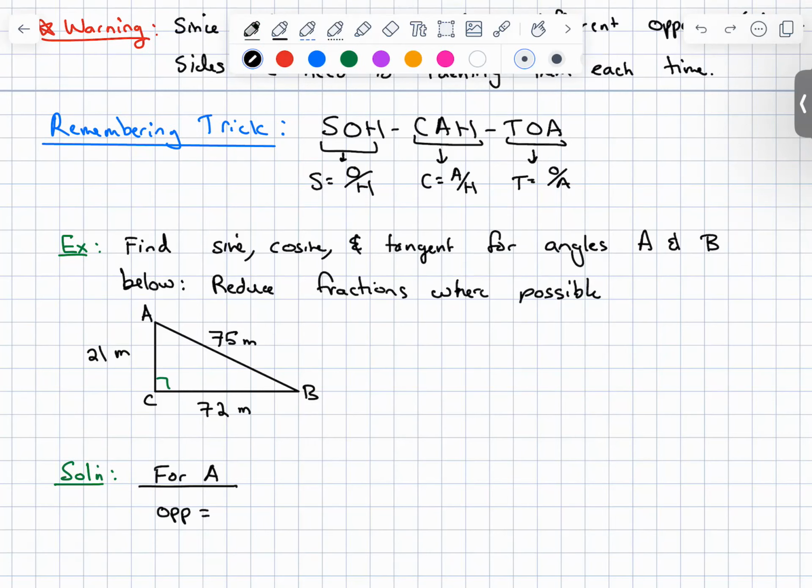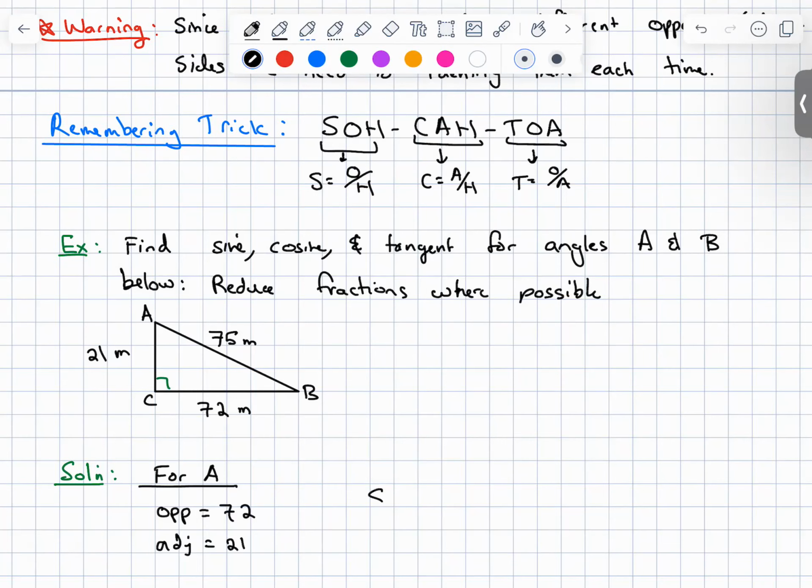Like the DVD thing, you bounce. I love the DVD symbol back in the day. So opposite is 72, and then the adjacent must be 21. The hypotenuse is always the side length opposite the right angle.